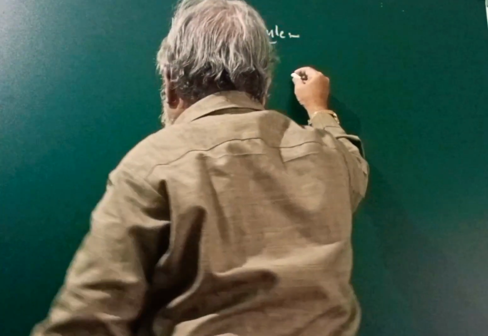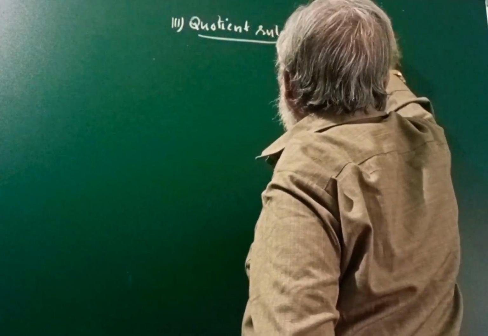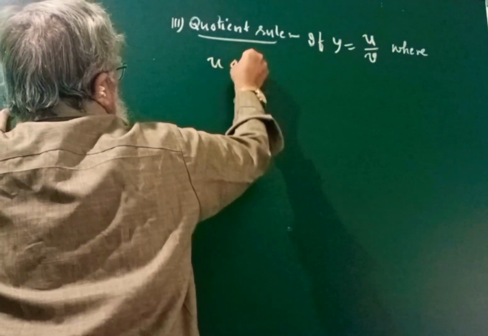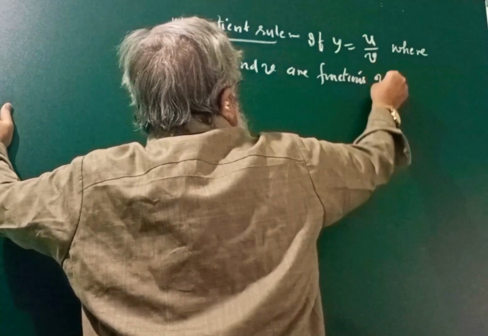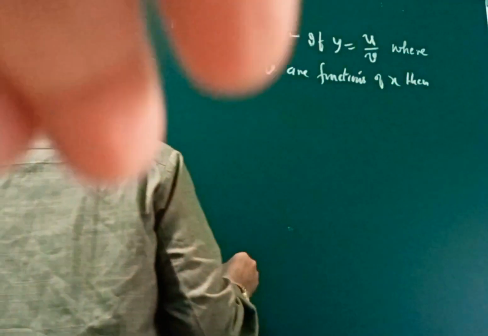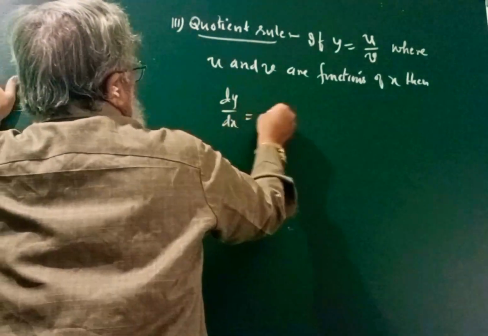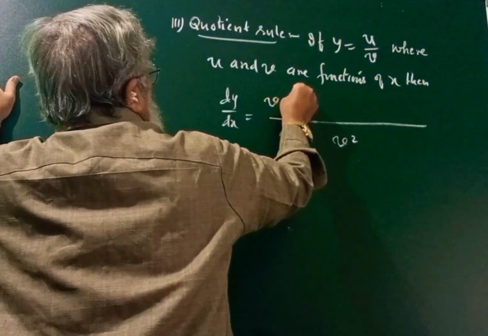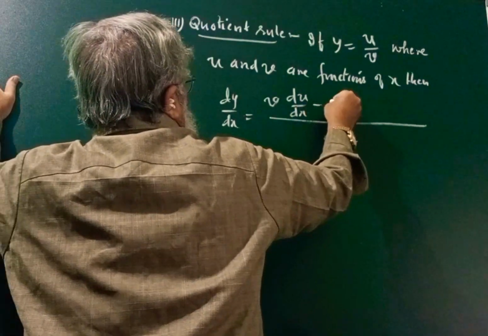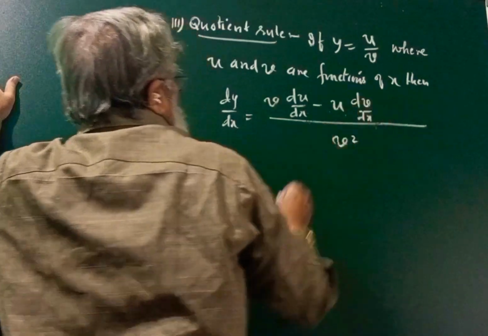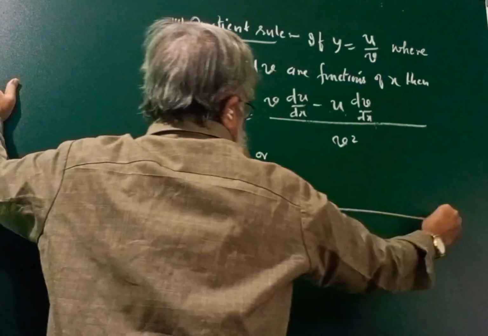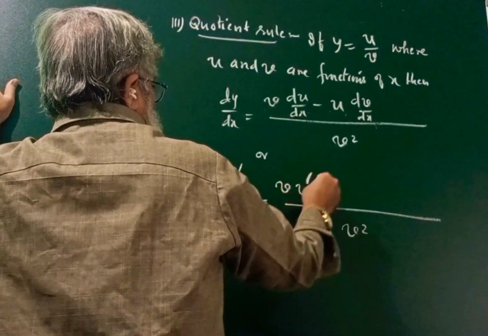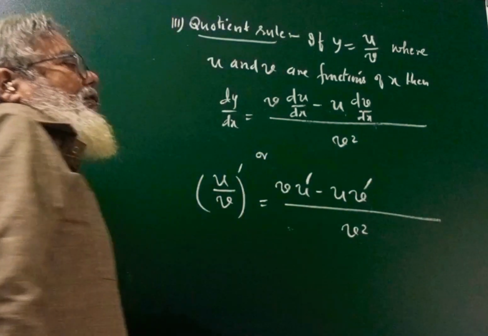That is, if y is equal to u by v, where u and v are functions of x, then dy by dx is given by 1 by v square, v into du by dx minus u into the differentiation of the denominator. The same we can write as (u divided by v) dash is given by 1 by v square, v derivative of u minus u derivative of v. This rule is called the quotient rule.